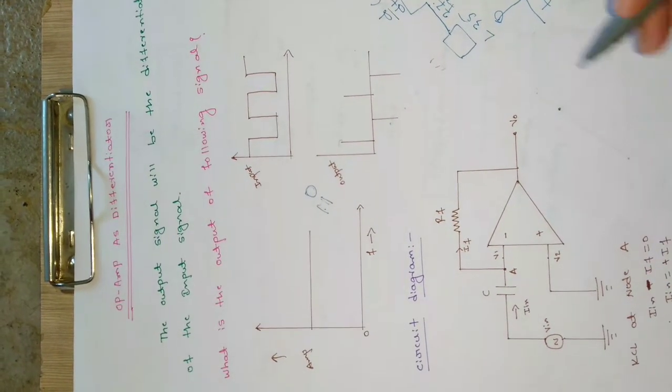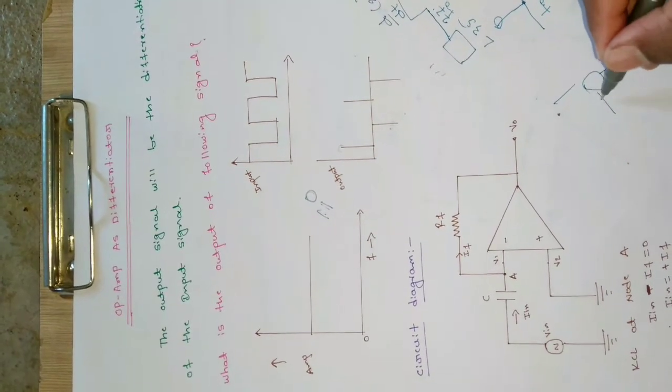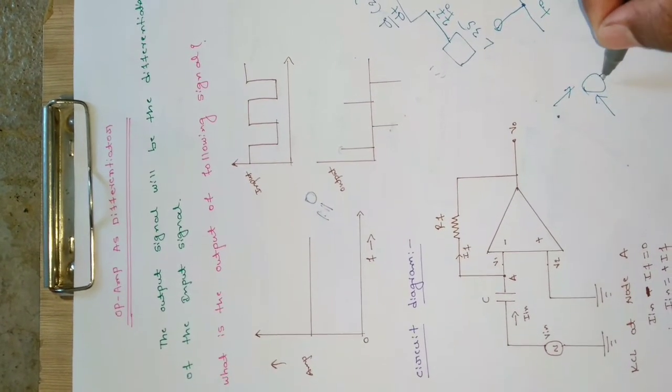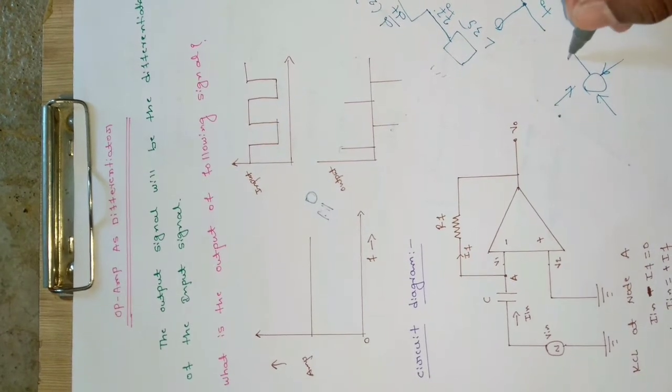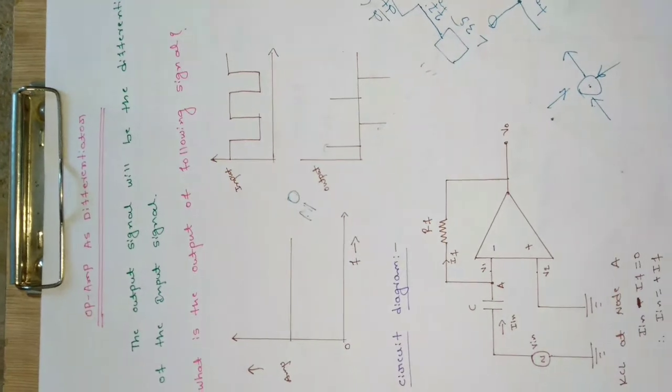We know KCL says that the amount of current entering a junction will be equal to the amount of current leaving the junction. Basically, the net current at a junction will be equal to 0.